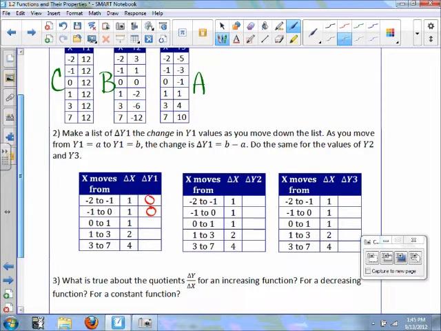The change from 0 to 1 is 0. All of those are 0. Now, if you look at the change as x moves from -2 to -1, at the next one, it goes down 2. From -1 to 0, it goes down 1. From 0 to 1, it goes down 2. From 1 to 3, it goes down 4. From 3 to 7, it goes down 6.